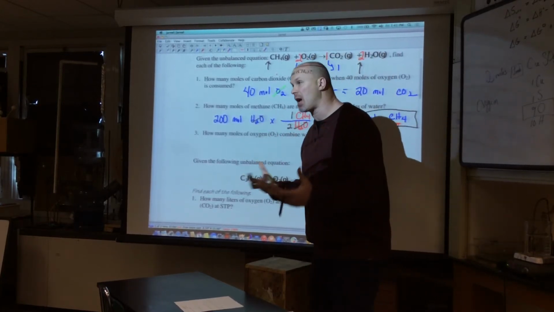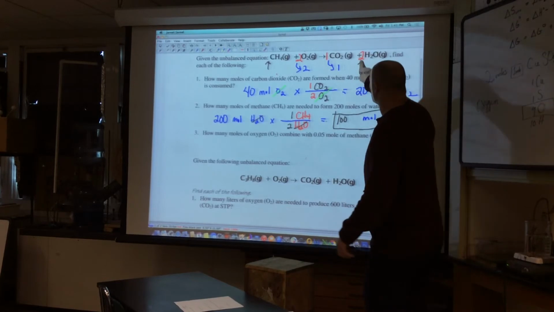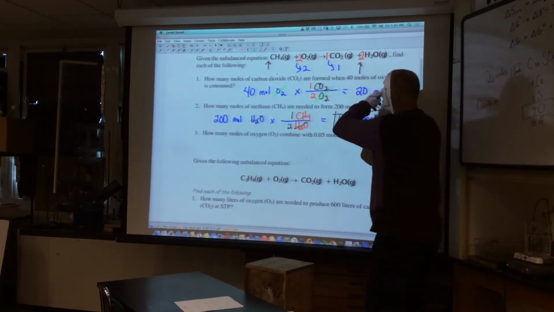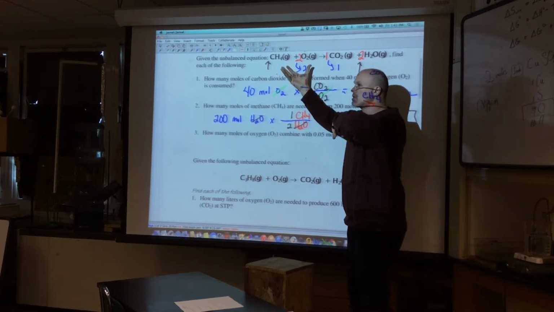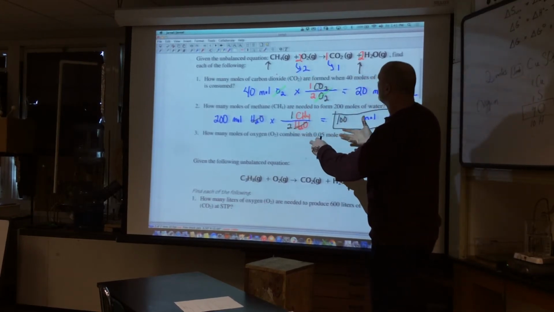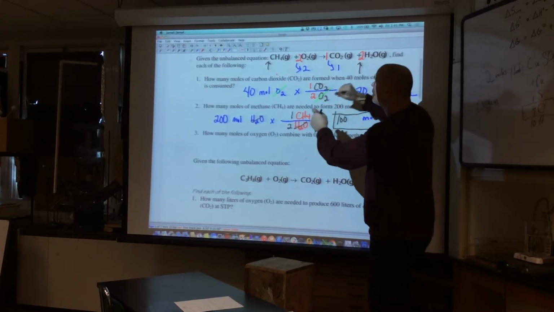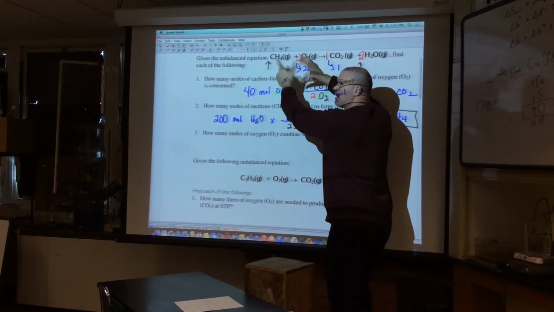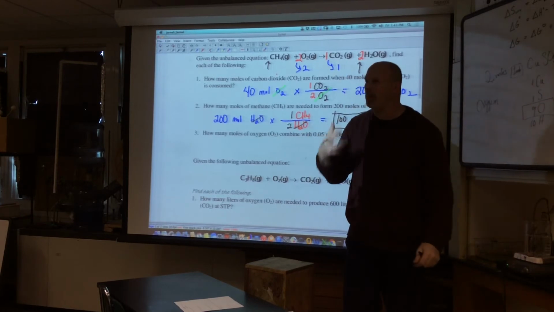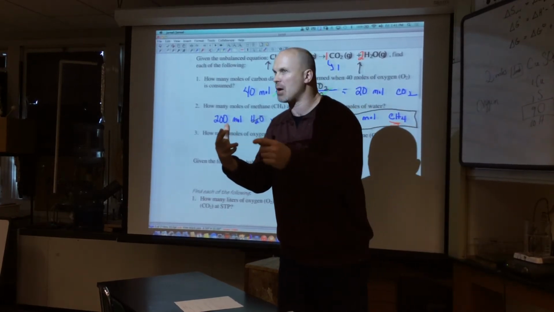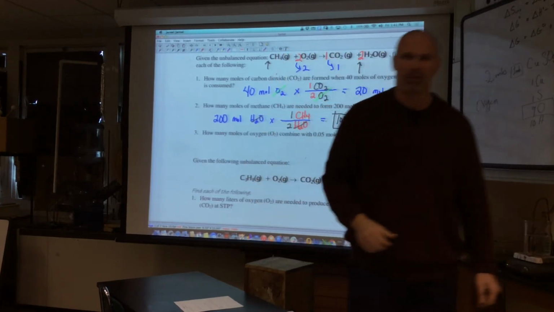That's why you have to understand what you're doing. We're using these ratios of how many to figure out how much product I should make given a certain amount of what I'm starting with, or how much reactant I need to produce a certain amount, or how much of each other I need. Hey, if I only have a cup and a half of flour, and I know it's a 2-to-1 ratio, how much sugar should I be adding to make a smaller cake?